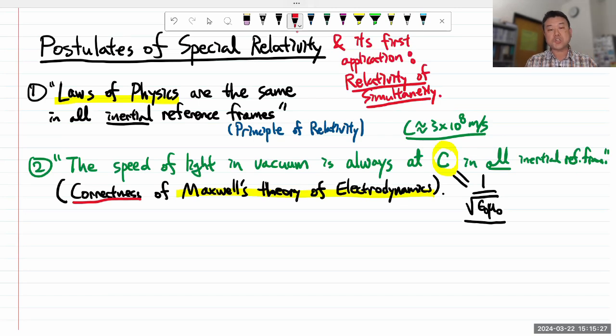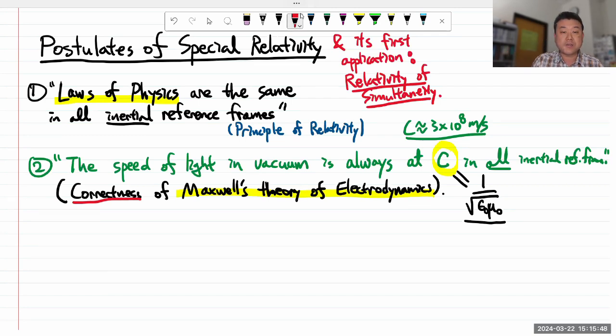So those are the two postulates of special relativity. And unlike almost anything else you do in physics, you can build the rest of the theory of special relativity out of these two postulates, like you are deriving theorems and lemmas and stuff that mathematicians do when they develop axiomatic set theory.